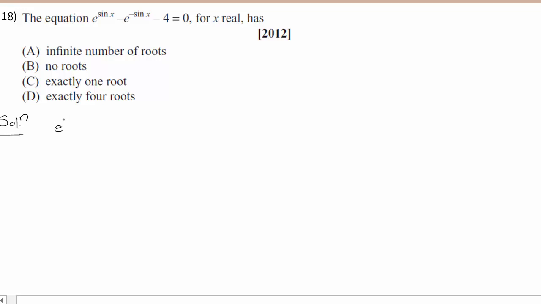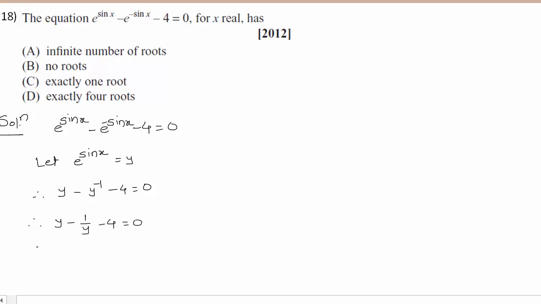Now, e raised to sin x minus e raised to minus sin x minus 4 equal to 0. Let's assume e raised to sin x as y. So we have y minus y raised to minus 1 minus 4 equal to 0. This becomes y minus 1 upon y minus 4 equal to 0.